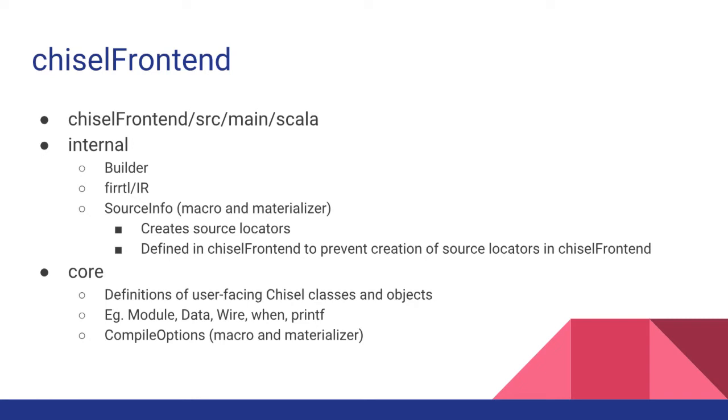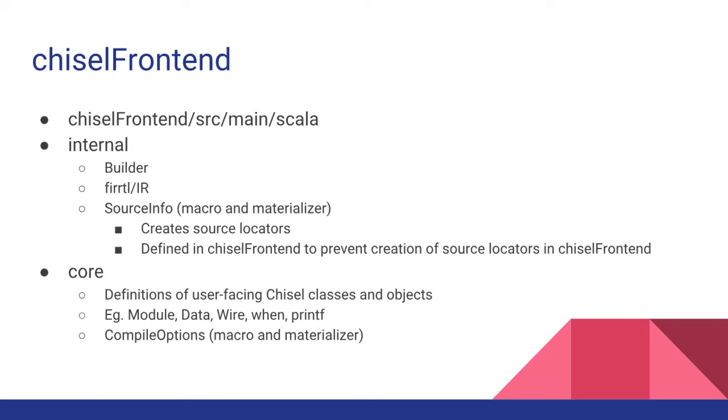Now, why is this defined? And this is also a macro, I believe. It's a macro and a materializer. A materializer is just a way to tell the Scala compiler that if no instance of this is provided, create one. There's no reason why most users would want to create their own source infos, but you can imagine a library that wants to lie about the source locator, like an advanced diplomacy in Rocketchip might want to give you source locators from the user code rather than from the diplomacy source code.